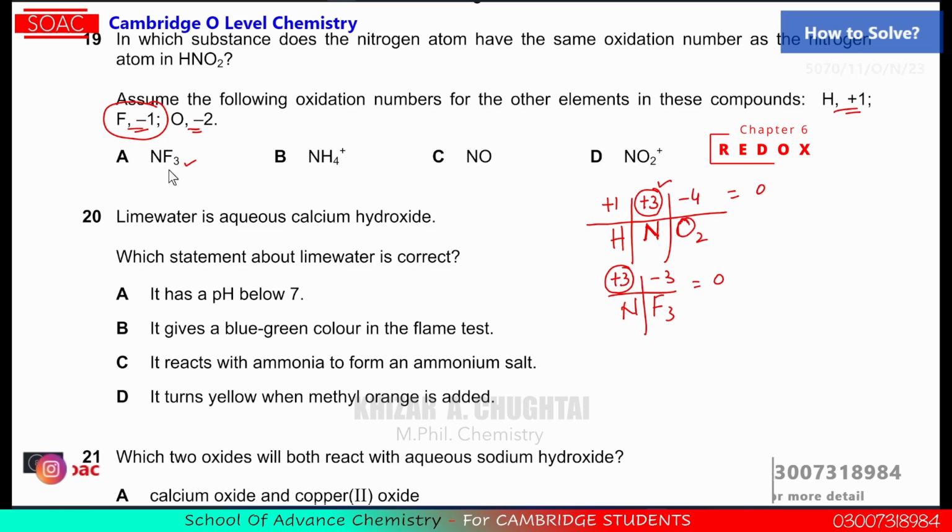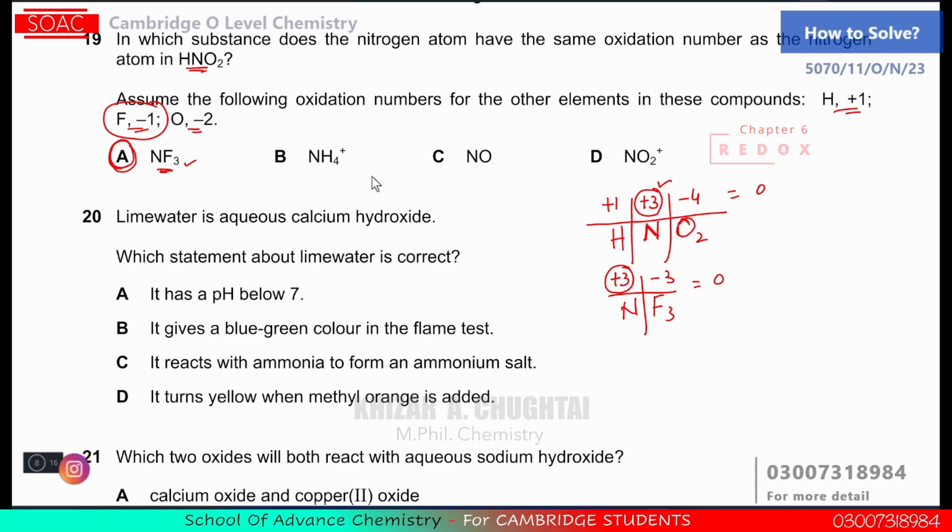So in the first case, the nitrogen is also having +3 overall. I mean, A is the correct option. Both this compound and the HNO2 compound have the same oxidation state of nitrogen, that is equal to +3.